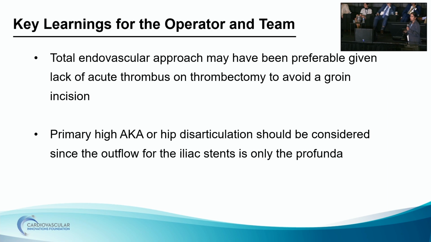Given the lack of acute thrombus, we thought, based on the patient's history, that it was more acute, but perhaps this stent had been occluded for a longer time. And given her medical comorbidities, maybe the better approach would have been to go with a higher AKA or a hip disarticulation, because it's unlikely that these stents are going to stay open for a very long time.